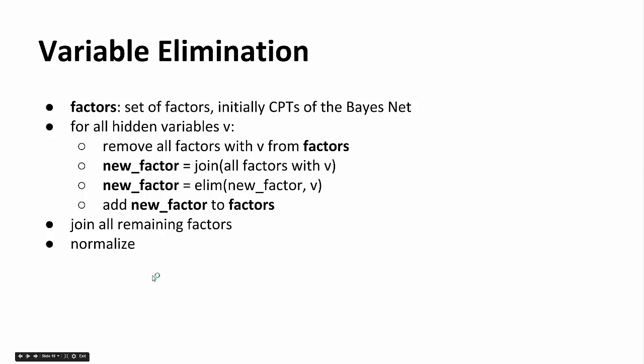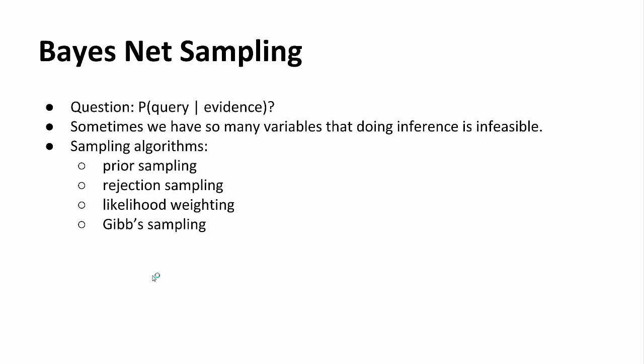Okay, but let's move on to talking about sampling. Once again, we want to answer a question that looks like this: the probability of some set of query variables given some set of evidence variables. We've already learned a way to do this with Bayes net inference, so why do we need sampling?